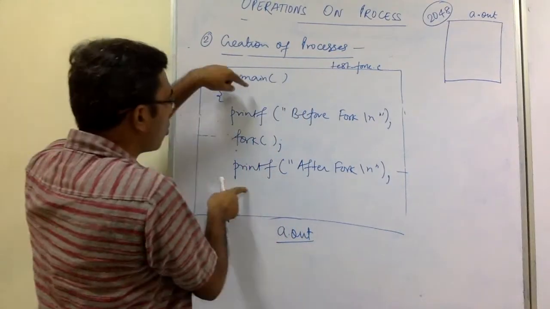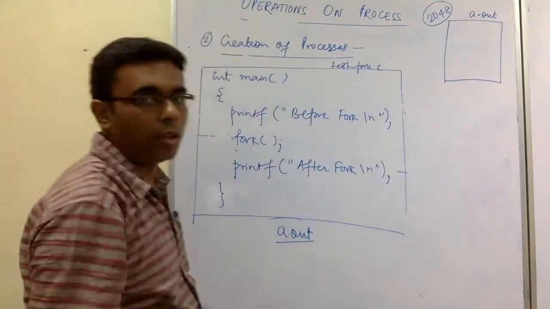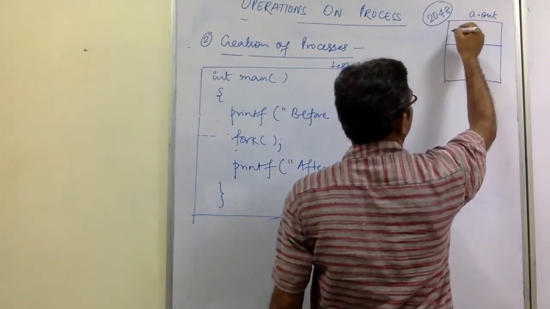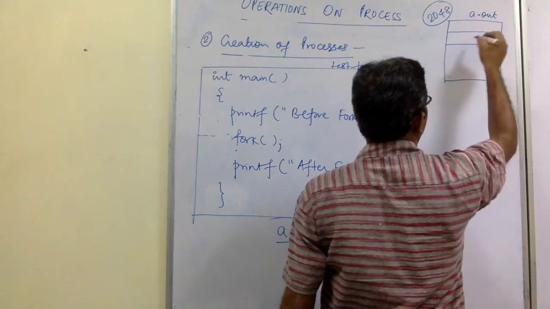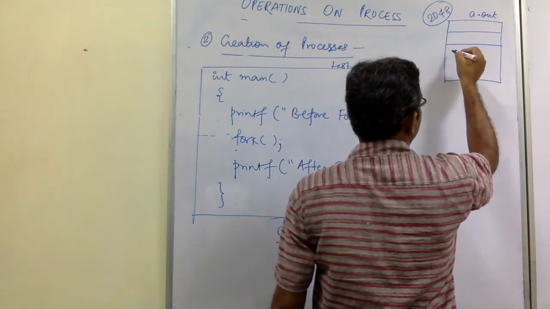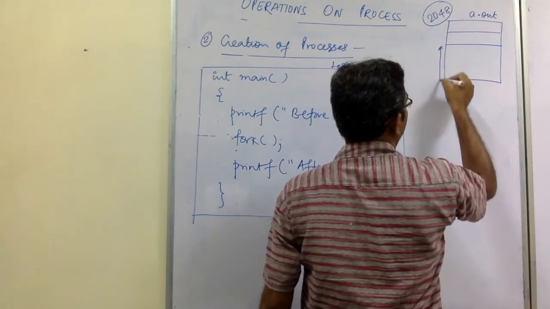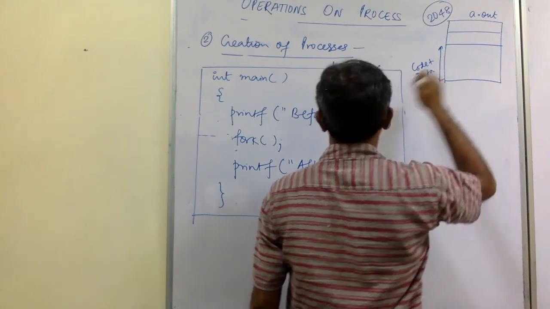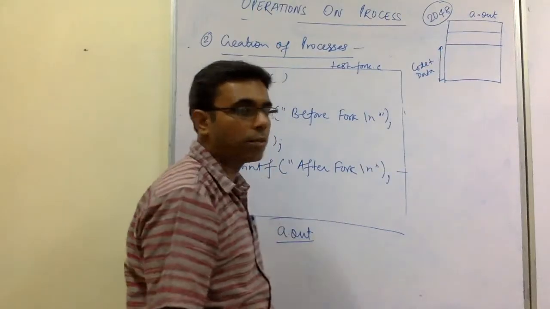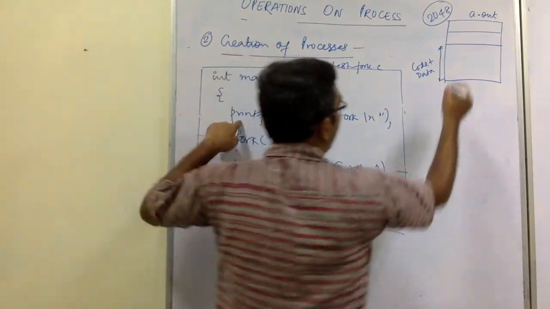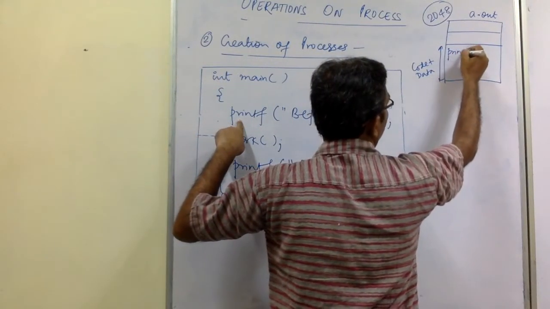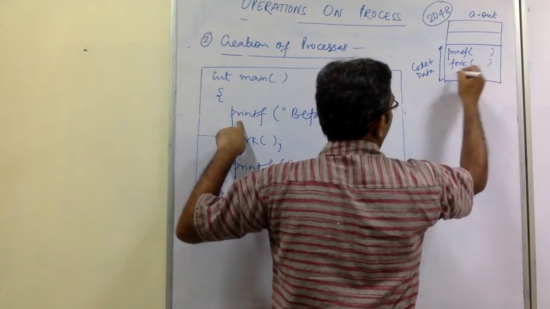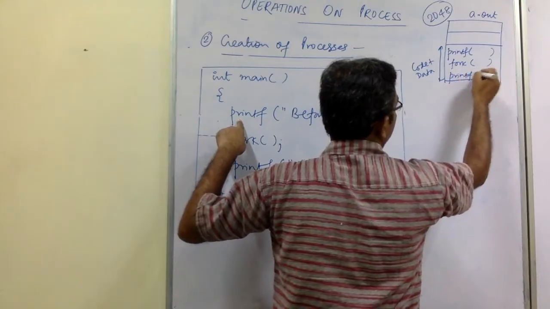Okay, so this code and data and the rest. So let's say these are the other portions, the kernel portion, the stack, the heap. I'm not interested in that. Let me just write down the code and the data portion. Okay, so I'm just showing the code and the data portion of this process a.out. What do you have here? We have a printf statement, we have a fork, and we have a printf statement.